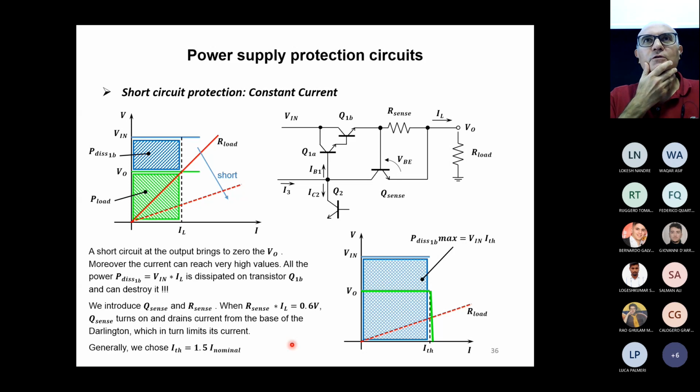So what we want to do is to try to protect our power supply from short circuits. Why should we protect this? Or maybe sometimes what also happens is, I don't know, the battery of the cell phone is shorted, and so you have a short circuit at the output of this power supply.